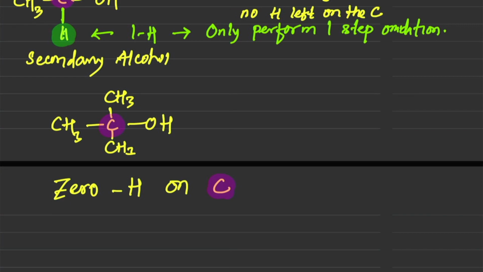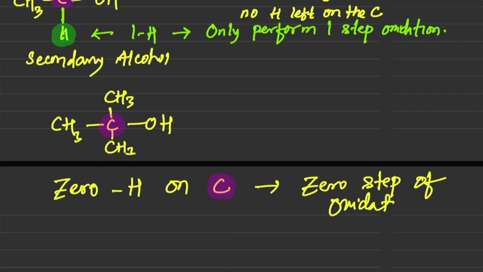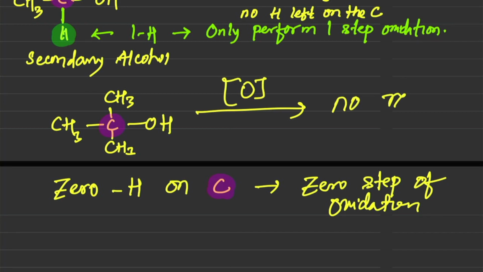How many step oxidations can it do? 0 steps of oxidation. So which means this one will not perform any reactions, so no reactions. As long as you pay attention to only one thing, which is how many hydrogens are attached to the carbon atom that is connected to the OH, then your life would be a lot easier.